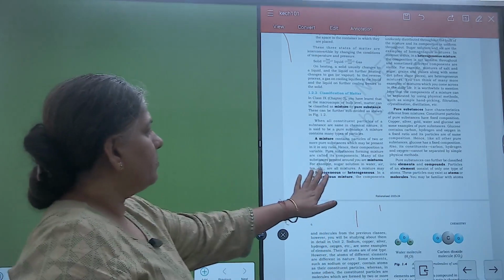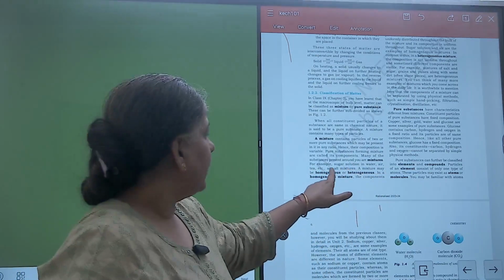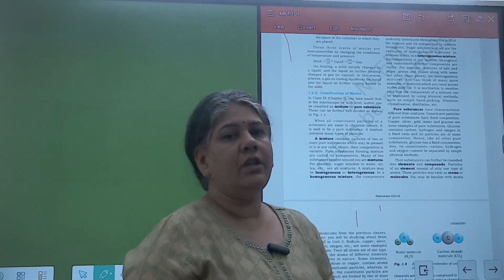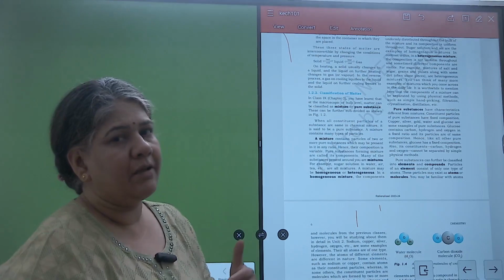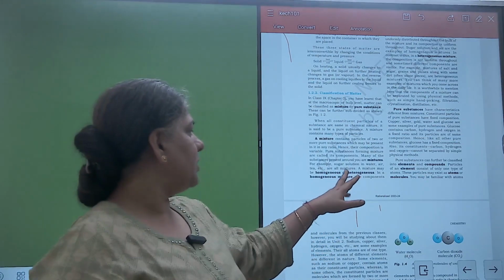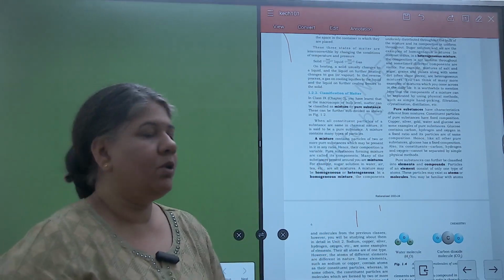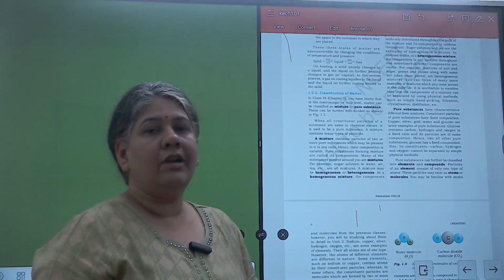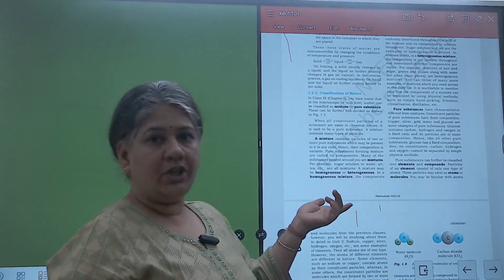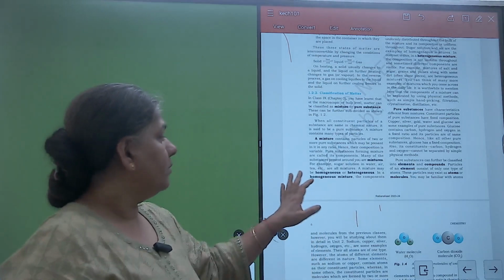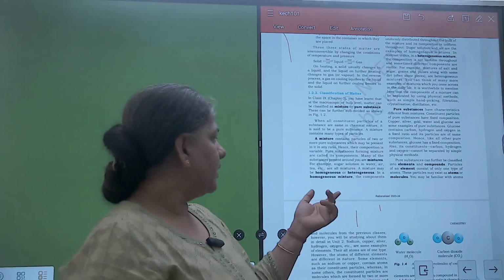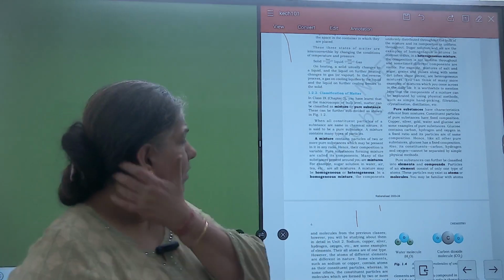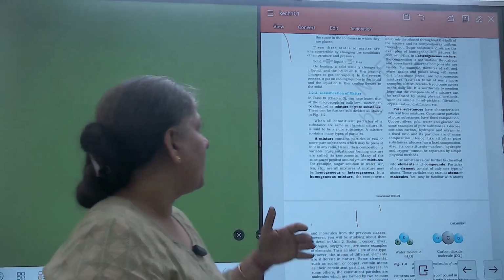Heterogeneous mixtures are those that have different composition, that is, the composition is not the same throughout. In homogeneous mixtures composition is the same throughout. For example, sugar dissolved in water is an example of a homogeneous mixture, while chalk in water is an example of a heterogeneous mixture. So this is also part of lower classes.